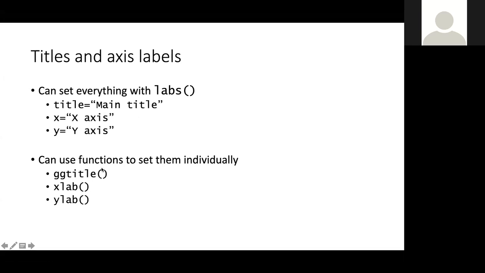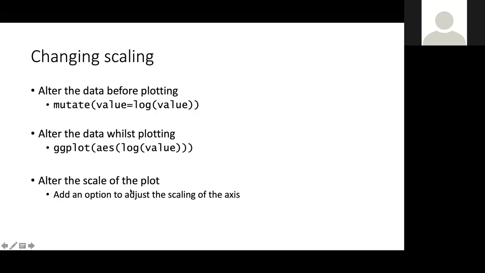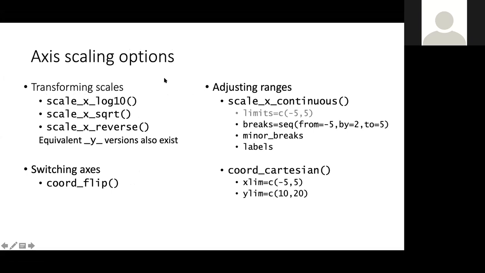So you can also use other sets of functions that are incorporated in the tidyverse ggplot2 functions. You can also change the scales, and you can add the scaling options that you want. If you want to reverse it, you want to flip, like some graphs.